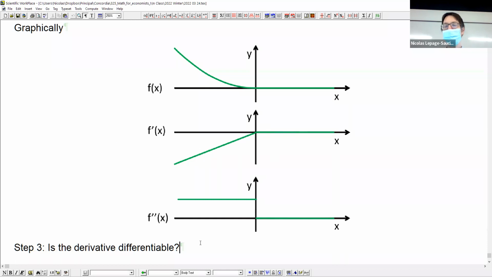Do you have an intuition as to whether we're going to get something differentiable or not? It's going to be? All right, so differentiable means, this is f of x, so the derivative is this one, f prime of x.